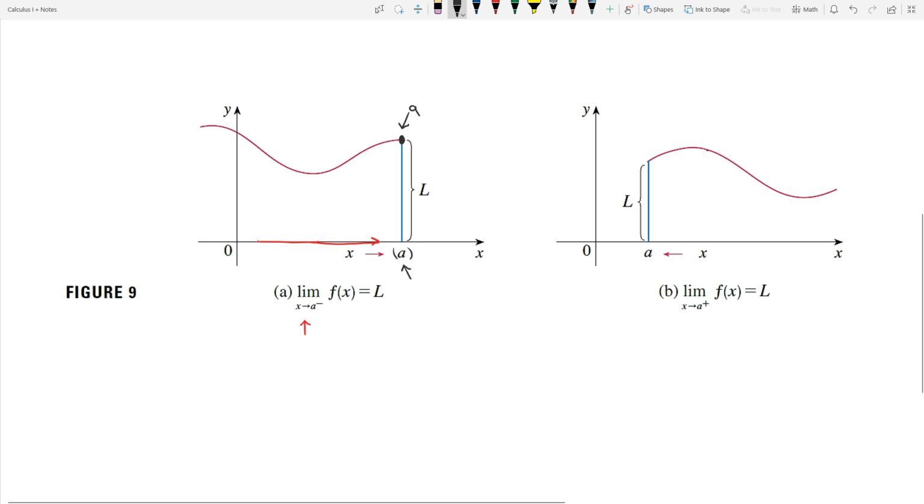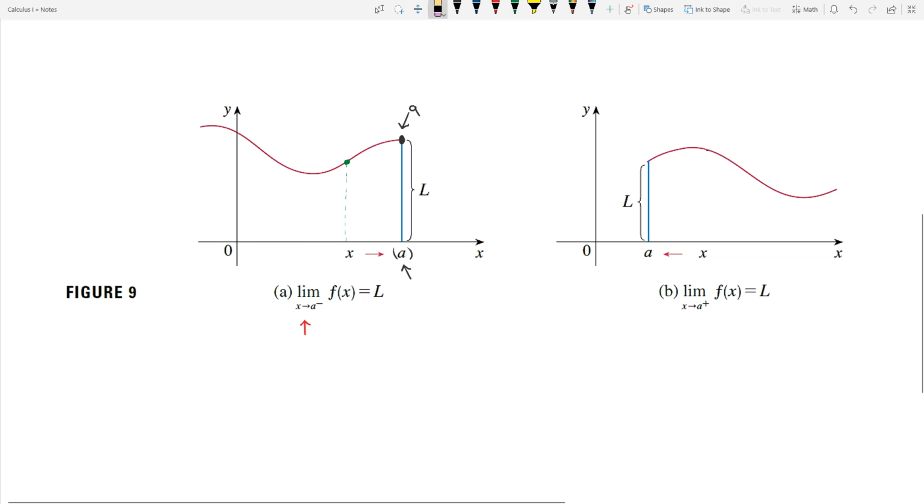As we are approaching it, we're going to call it x, and we will just say that x is a point to the left of a, and this is a one-sided limit for x approaching a.